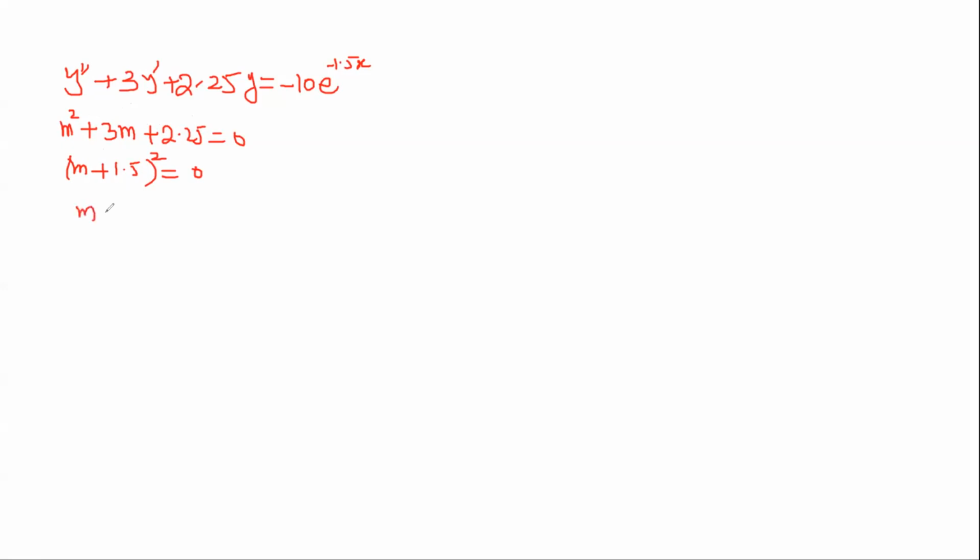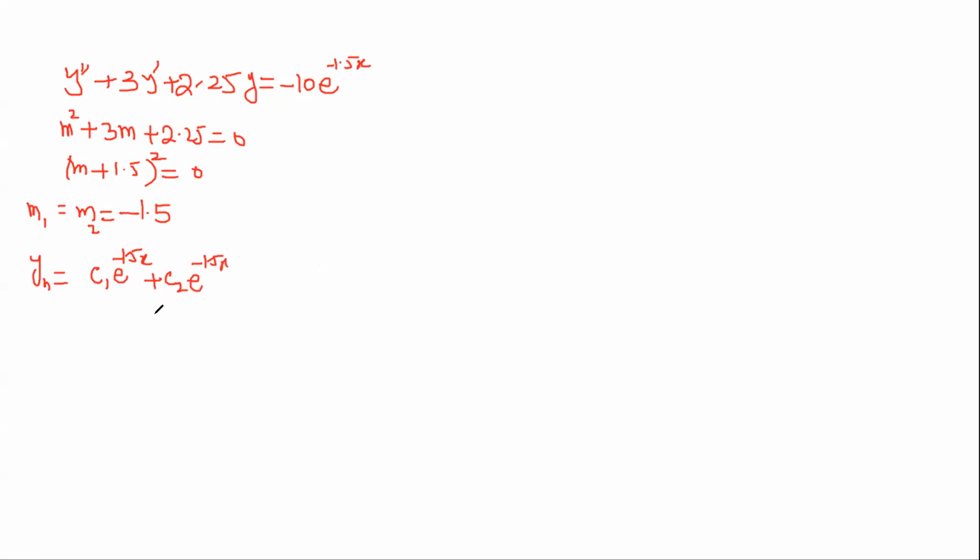So here we have the situation of a double root of minus 1.5. So this is m1 and also m2, both equal to this. In this case, the homogeneous solution will be equal to C1 e power minus 1.5x plus C2 e power minus 1.5x.